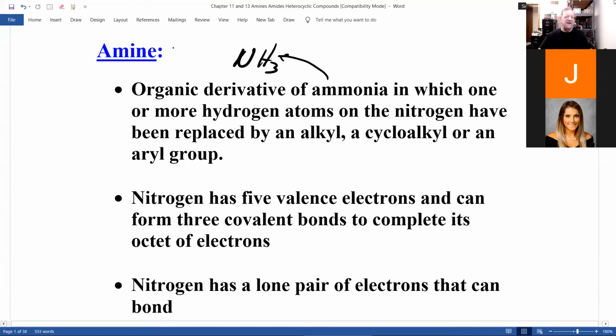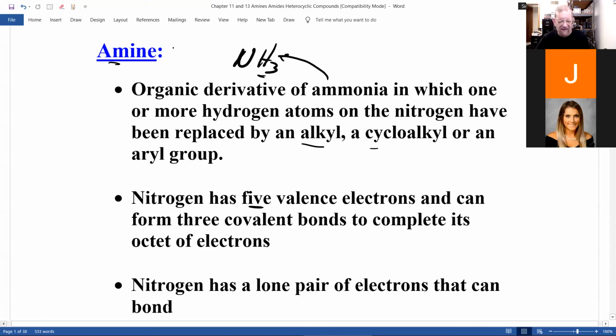And an amine is derived from ammonia, where one or more of the hydrogen atoms on ammonia are replaced with either an alkyl group, R, a cycloalkyl group, R, that's a ring, or an aryl group, R, that's a benzene ring.